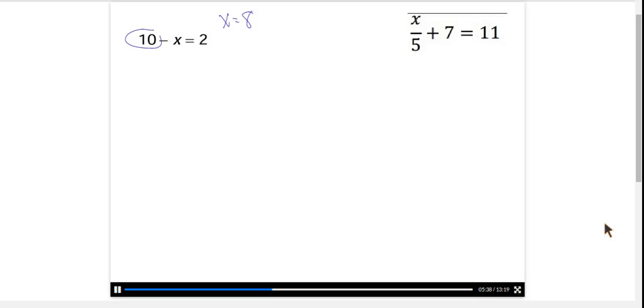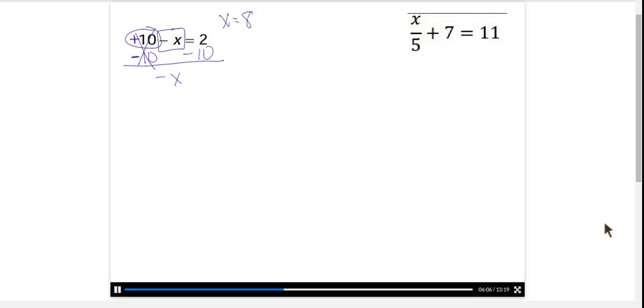So this right here is a positive 10, and so I can write the same number and the opposite operation. This is a positive, so I could add those 10 negative chips. Okay, 10 minus 10, that cancels out, and I'm left with just this piece, that negative x. But what I do on the left, I have to do on the right, so minus 10. So 2 minus 10.